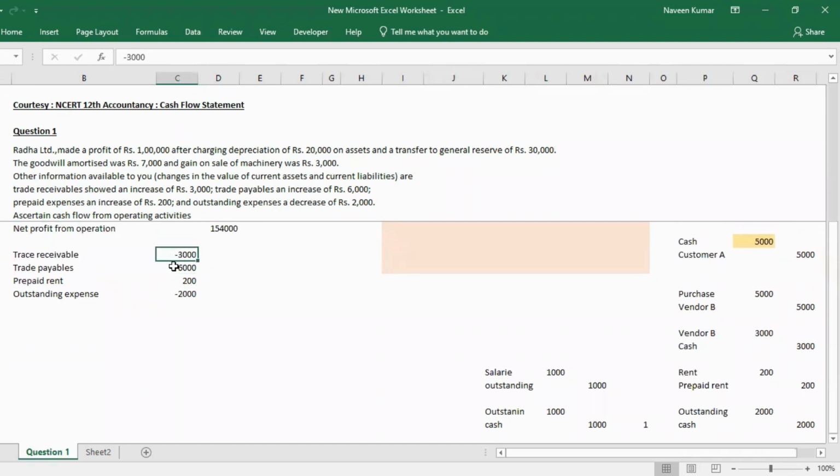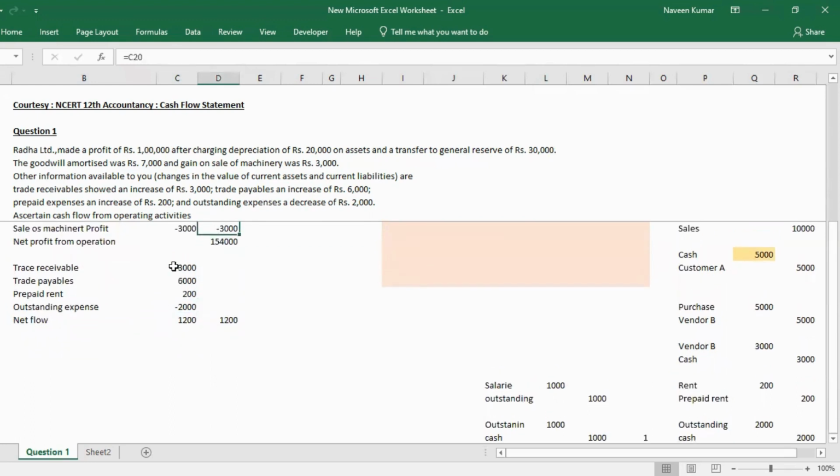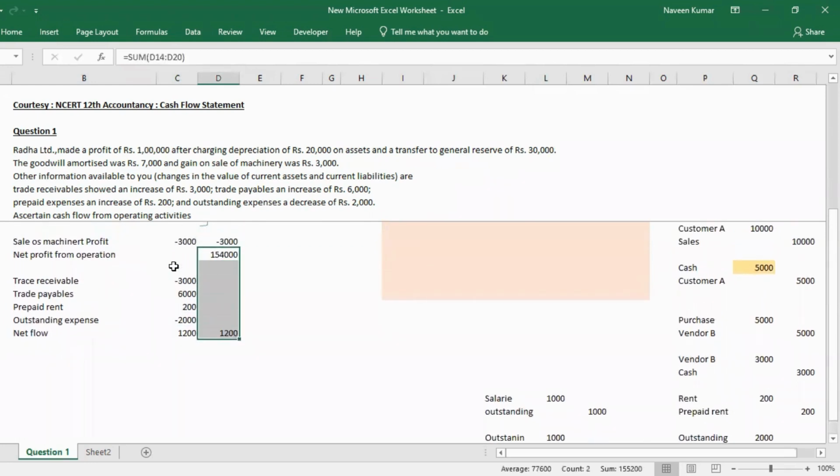Got it? So if you put together all this, how much will you have? 1,200. Net flow. Okay. So net from operation, putting this together, 1,200.